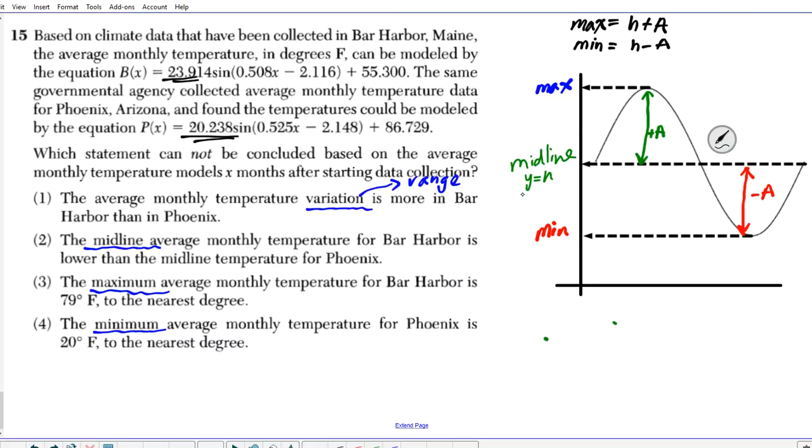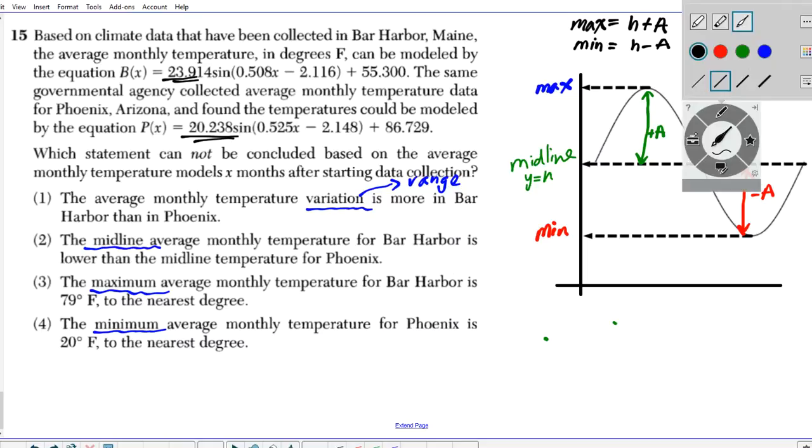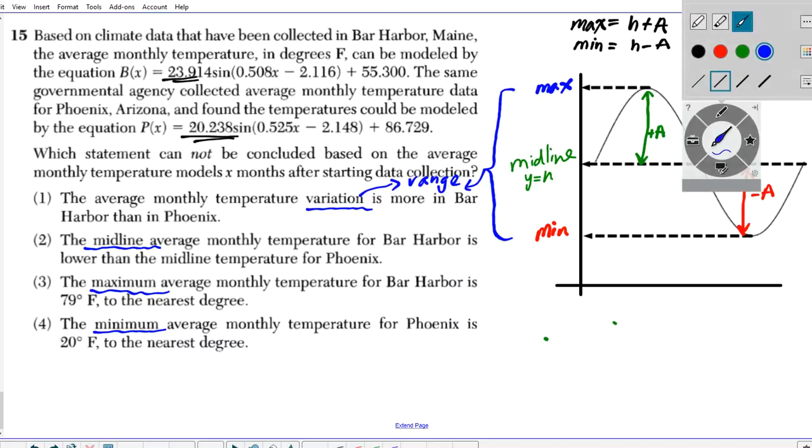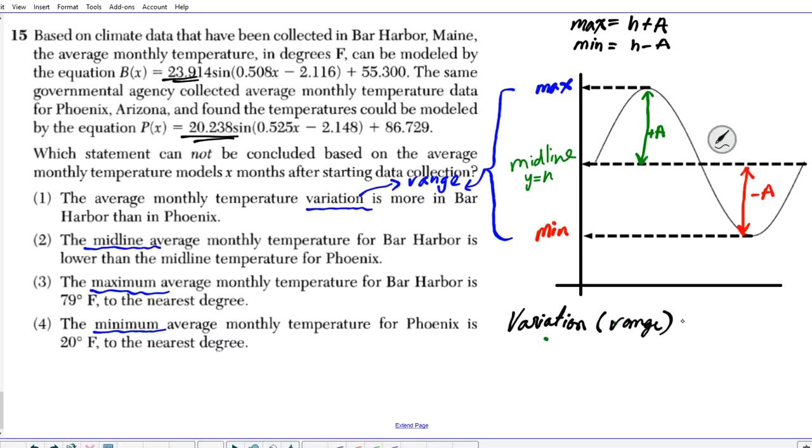Okay. All right. The variation or the range is the vertical span of your graph. What's the length from the max to the min? That's your range or variation. Okay. How do you compute that? Is pretty straightforward. Your variation or range is simply your max minus your min.